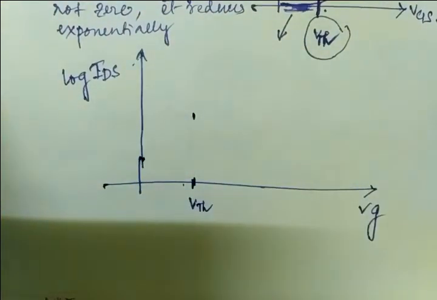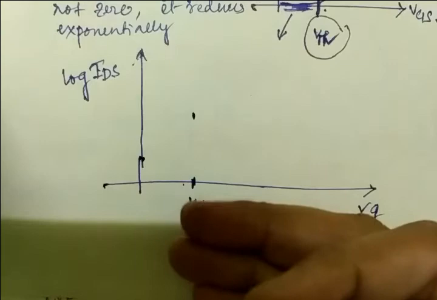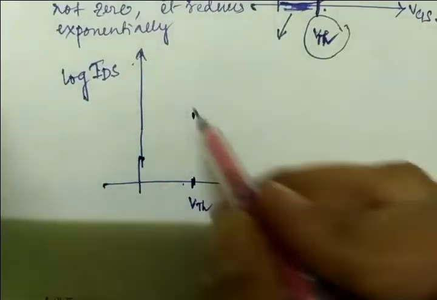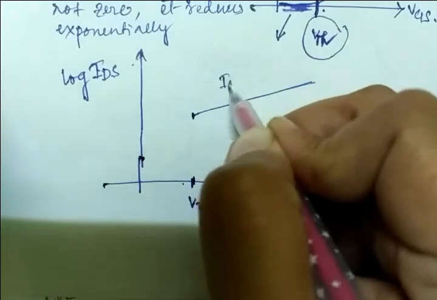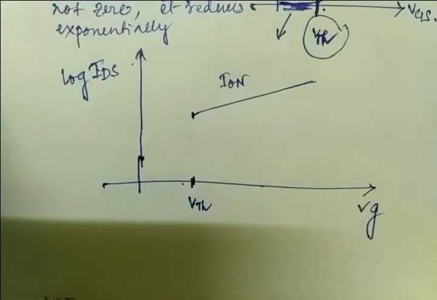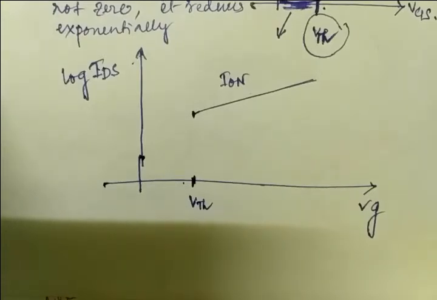Obviously there is some on current, because we know that after VTH the current increases exponentially, so this is my on current, I on. You all know the Bode plot; I think in control systems you have the idea of that, so from that concept you can relate how this graph is drawn, right?